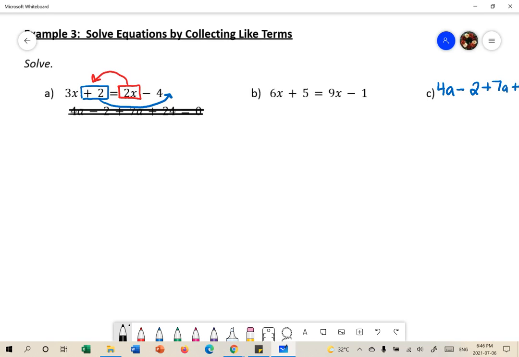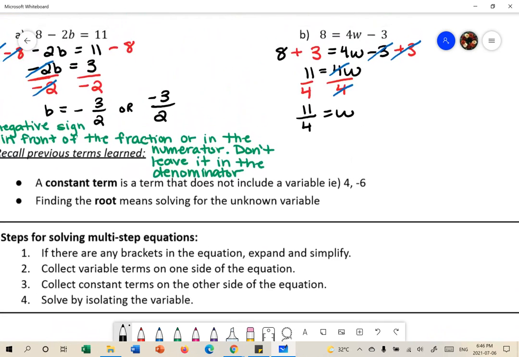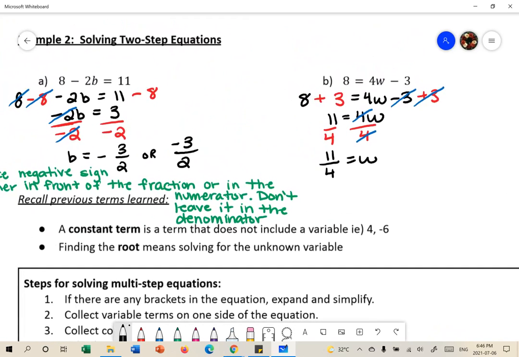Another way of eliminating values is to actually just move them over to the other side of the equal sign. Up here, we would add or subtract the values from the left and the right side in order to keep the equation balanced.